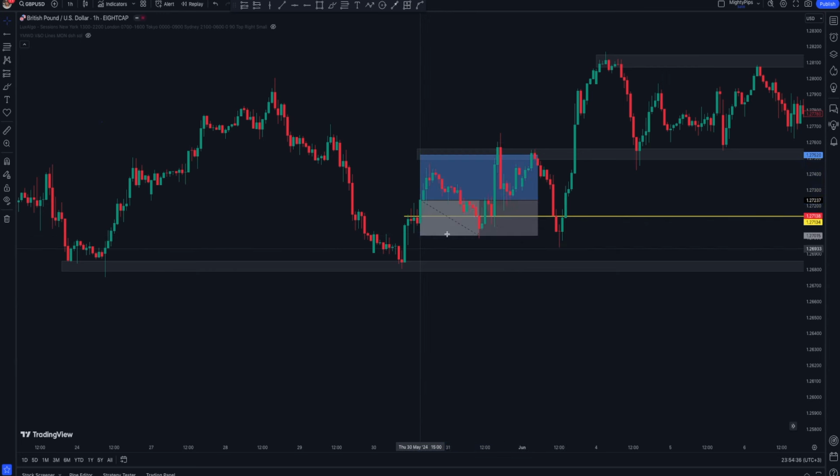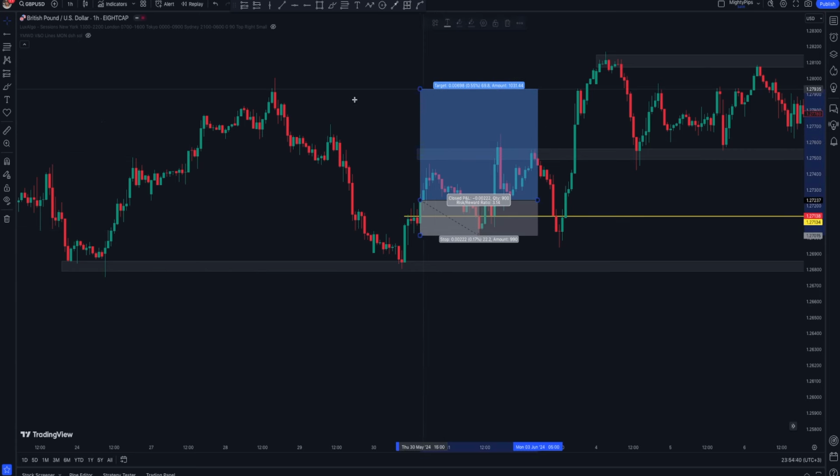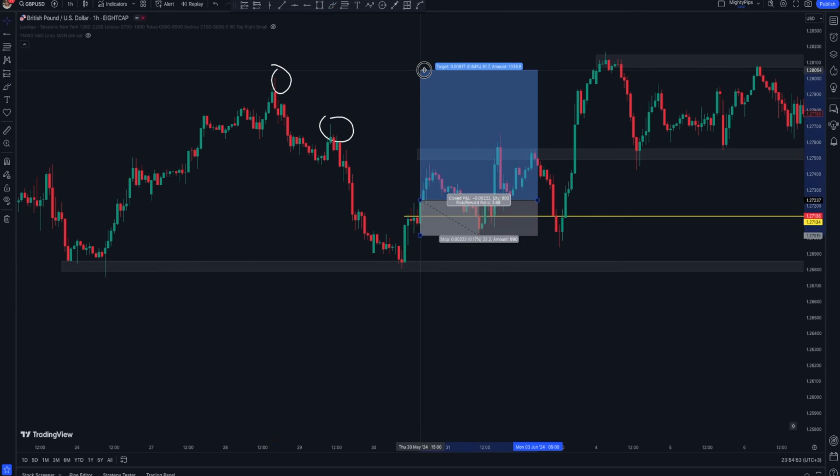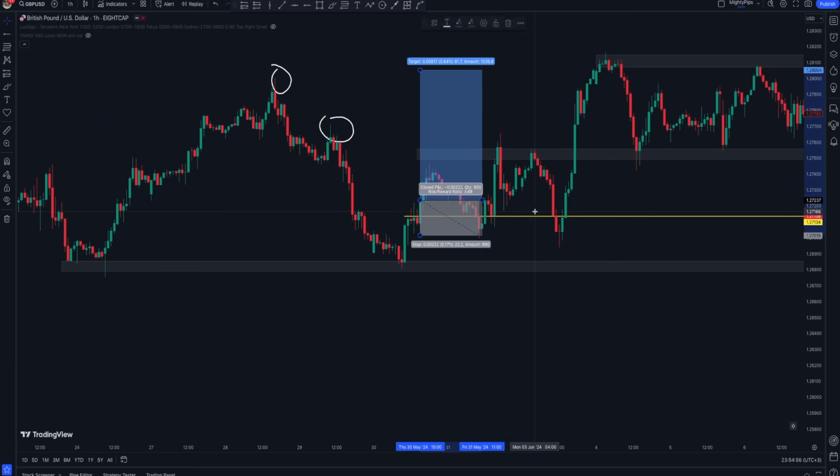Then you are targeting maybe these previous highs, either here or here. And when you enter this trade and target those highs, what normally happens is that the market is most likely to retrace because it has already moved some pips away from an area of value.